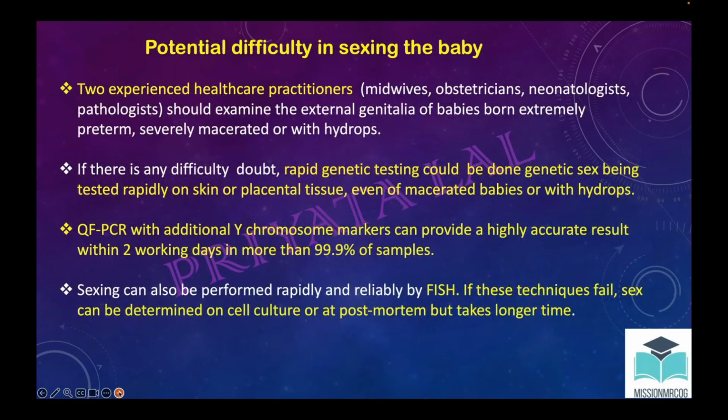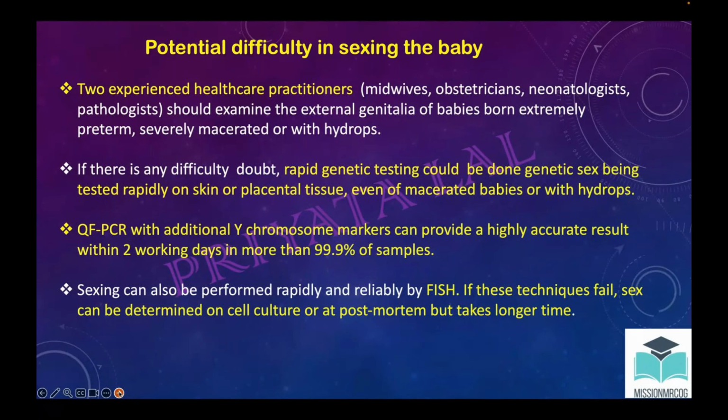If there is a difficulty in finding out the sex of the baby, then ideally the examination of the external genitalia, in case of a preterm macerated baby or one with hydrops, is done by two experienced healthcare practitioners. This could be a midwife, obstetrician, neonatologist, or pathologist. Okay, this is one choice.